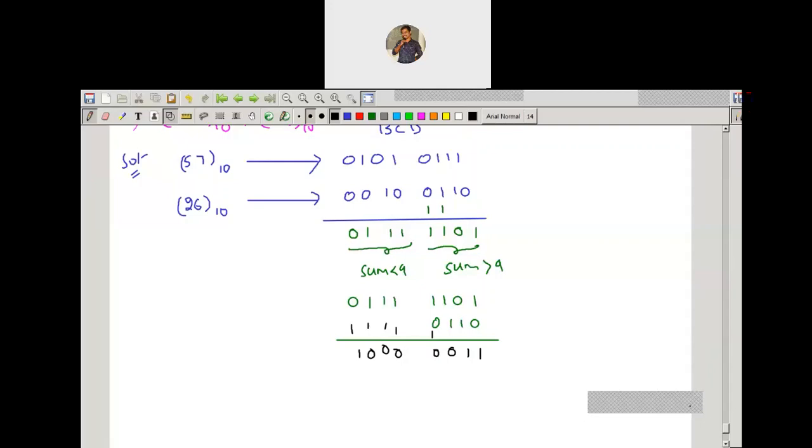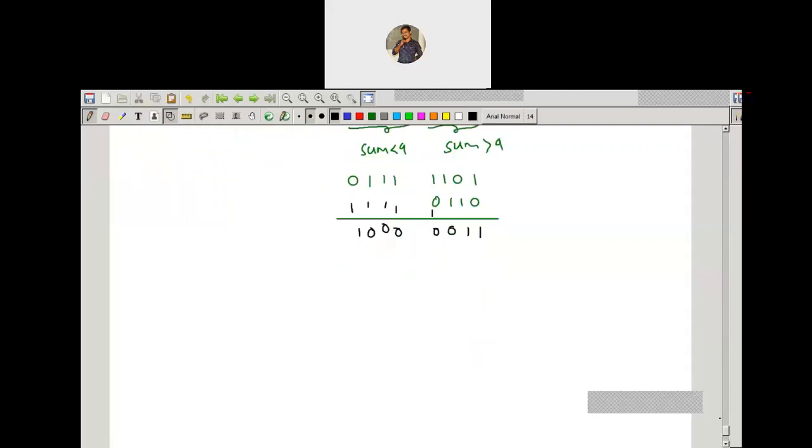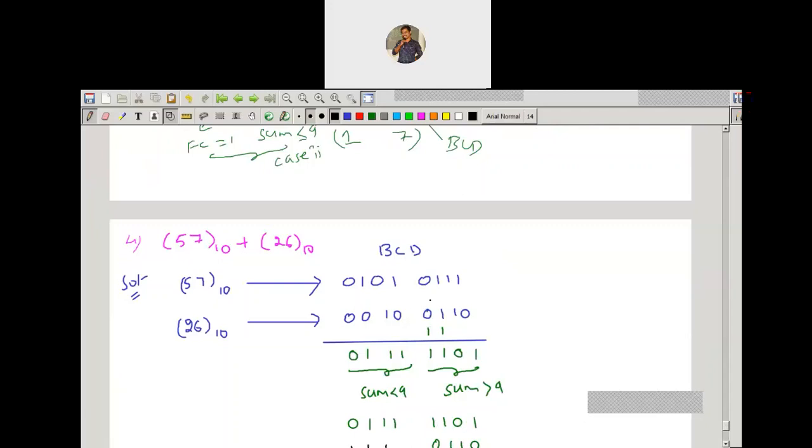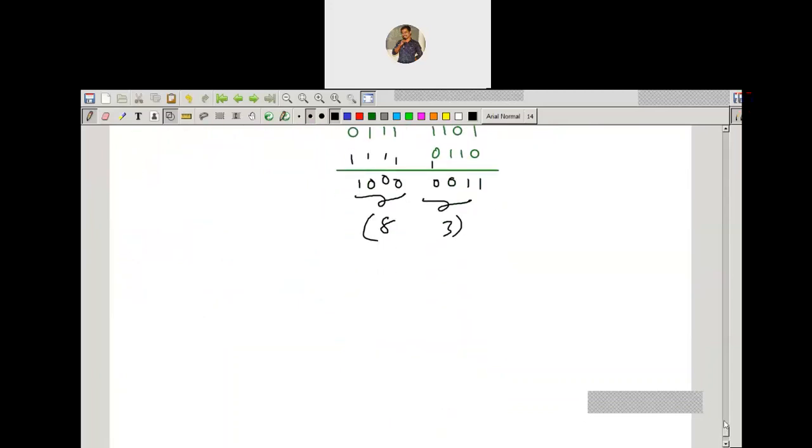Okay. Now this value is what? 8, and this value is what? 3. Right? So isn't it 83? 57 plus 26, obviously how much? 50, 20, 70, 70 plus 6, 30. This is 83. Right?